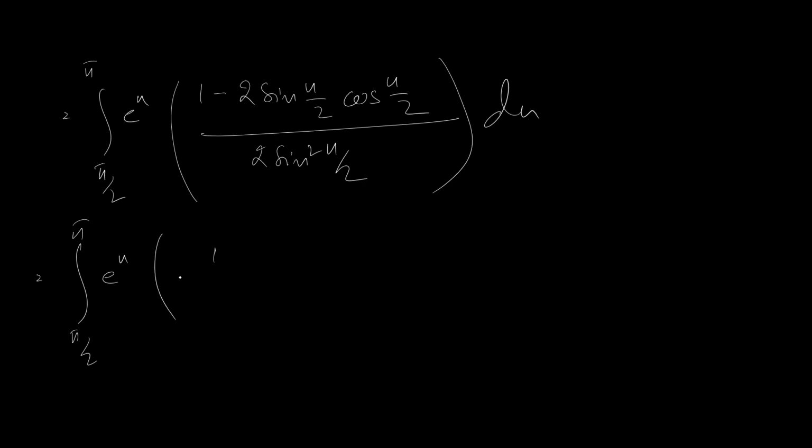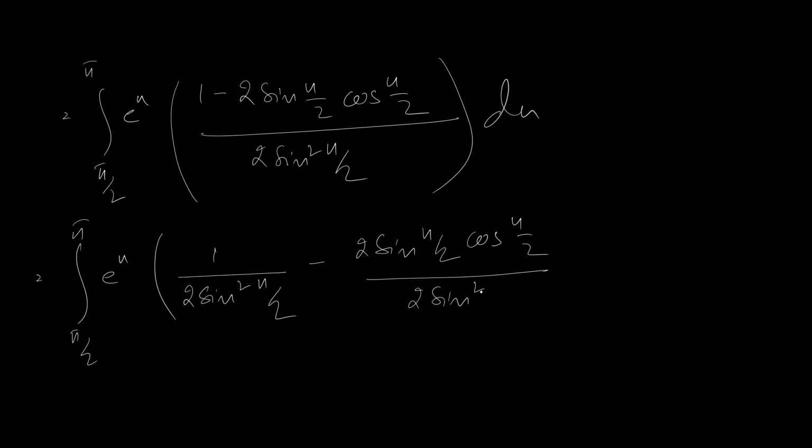Now if I split the denominator: 2 sine square x by 2 minus 2 sine x by 2 cos x by 2, divided by 2 sine square x by 2, dx.